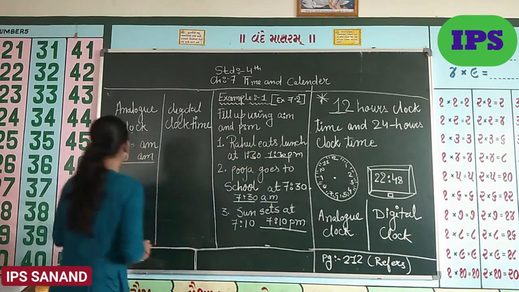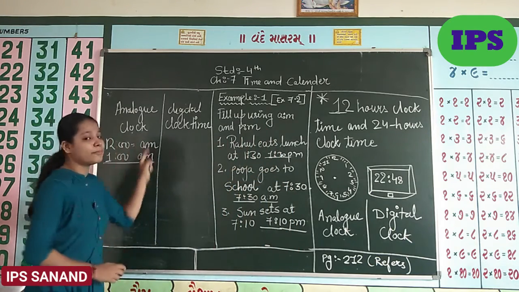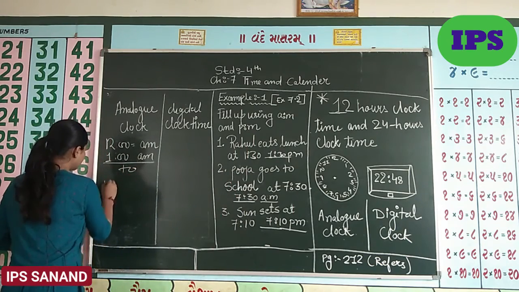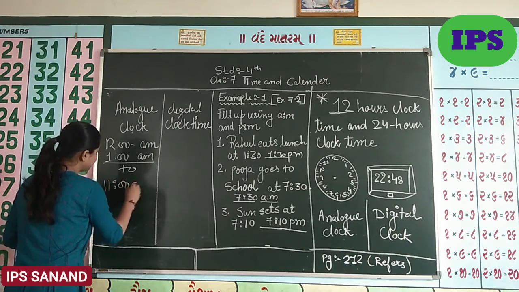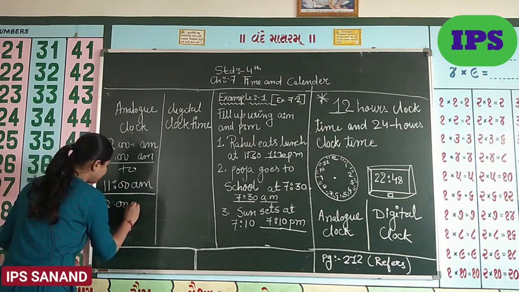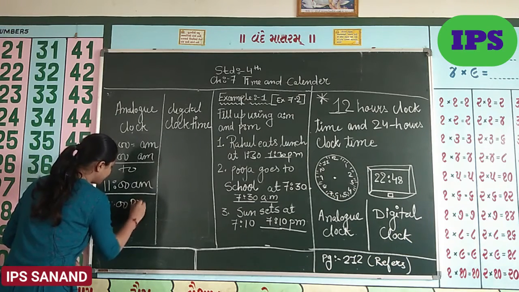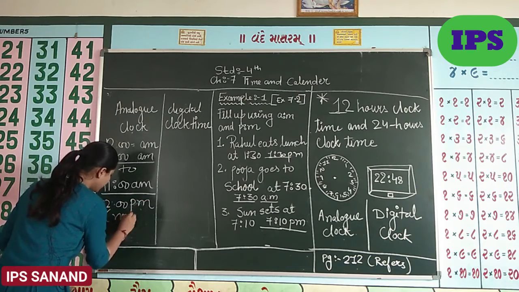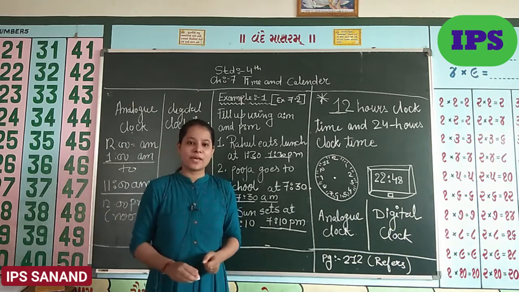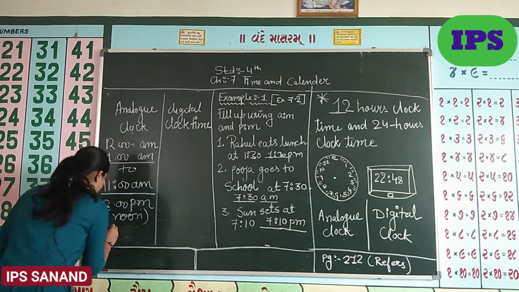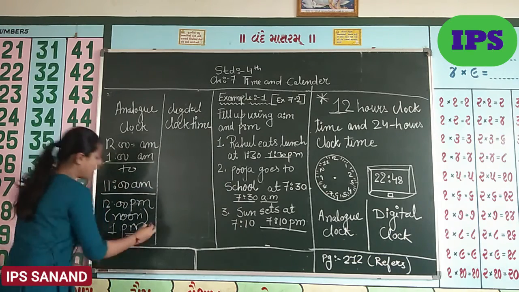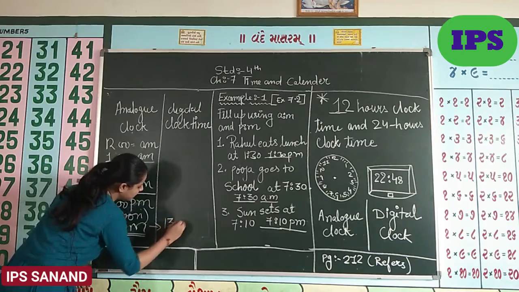Okay, so 12 o'clock of midnight will be AM, then 1 AM, 2 AM to 11 AM. Now at 12, PM it will be noon. Okay, so what to use after 12 PM? Okay, so here if I write 1 PM, that 1 PM here means 13.